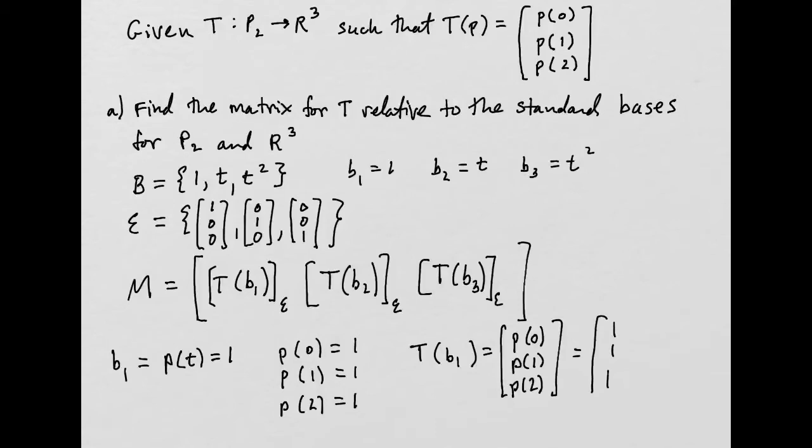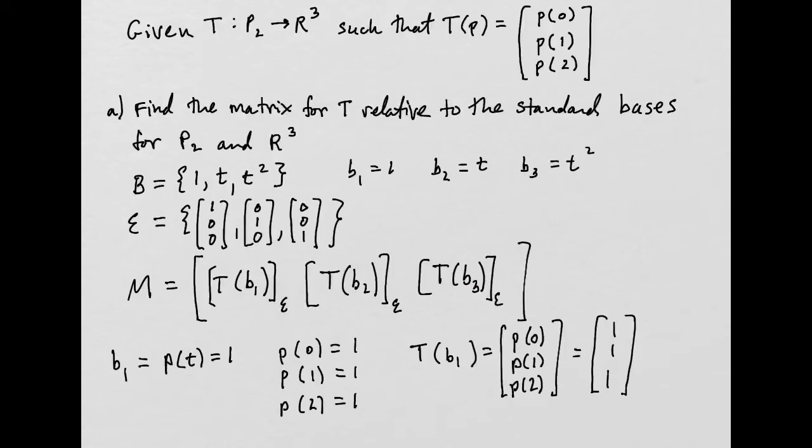So that's the inside of the first column here. I still have to get the coordinate vector of this relative to the standard basis E up here. But we'll do all the insides first, and then we'll get the coordinate vectors.